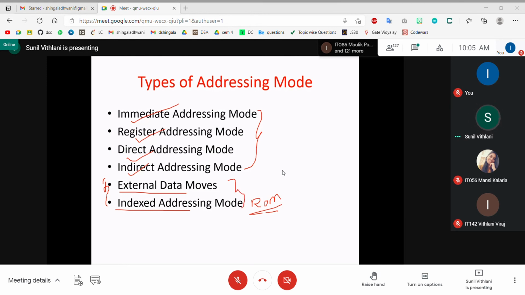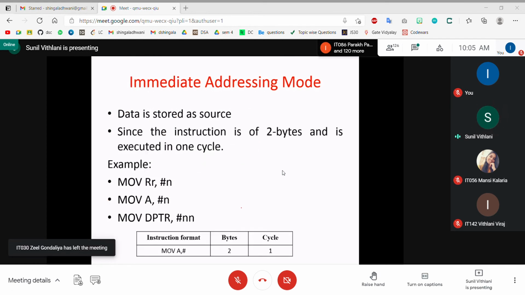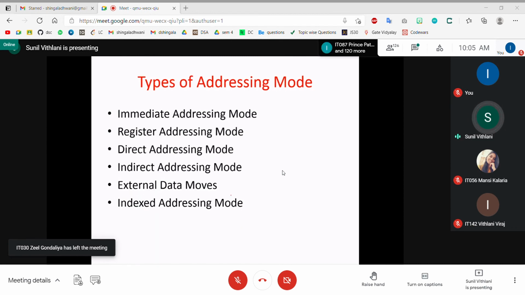First, this is with reference to the move instruction, a data transfer instruction. So how will this move instruction work? What will be the format of the move instruction?